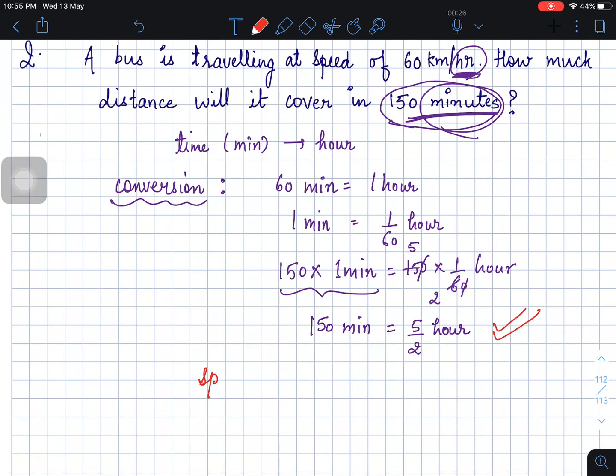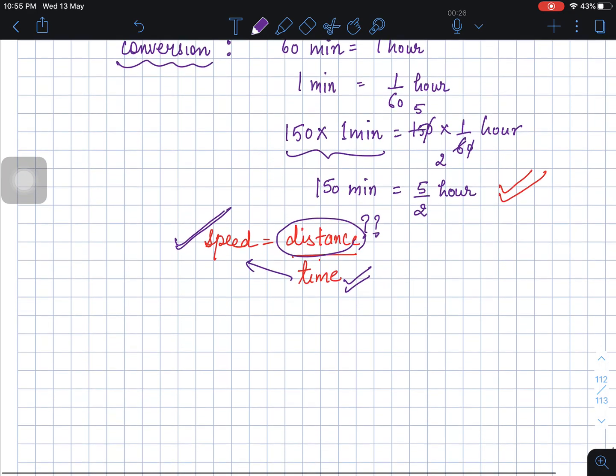Now you write the formula. Speed is equal to distance upon time. We are already given the speed, we have the time, we need to find the distance. So we need to isolate the distance. For that, the time should go here, so it becomes speed into time equal to distance.